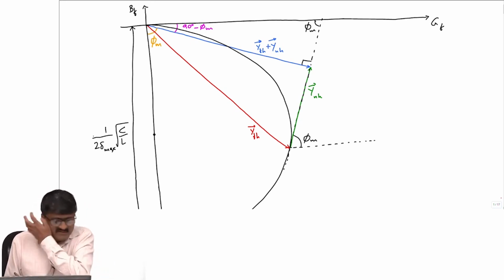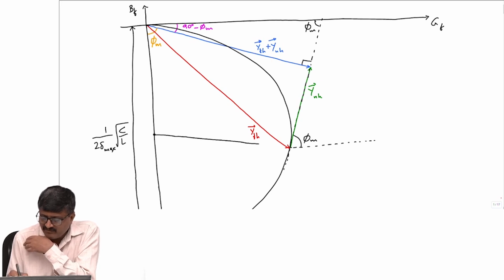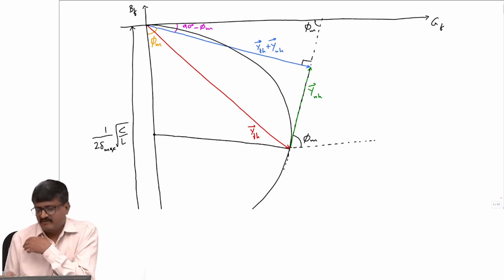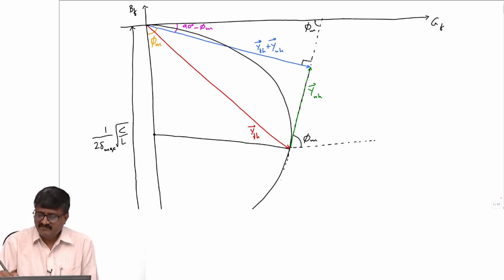Now, if I take a straight line segment from the center of this semicircle to this point at which I have taken the tangent. Okay. So, please note I have taken the tangent here.